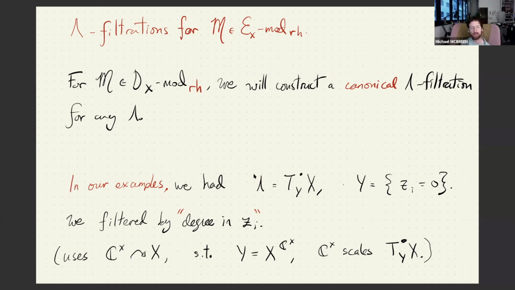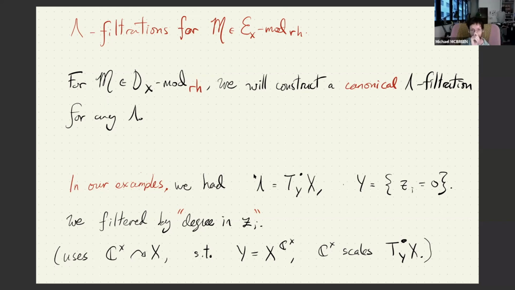And actually, parts of this construction work for holonomic modules more generally, but somehow I was not able to figure out how useful the result is. So if anybody has any opinions on these lambda or V filtrations for holonomic D modules, I'm curious to know, because I spent a lot of time trying to sort it out to no avail.